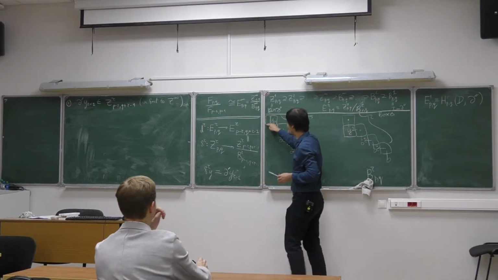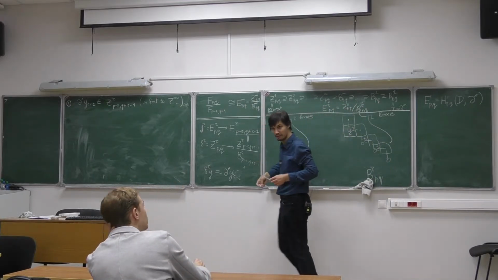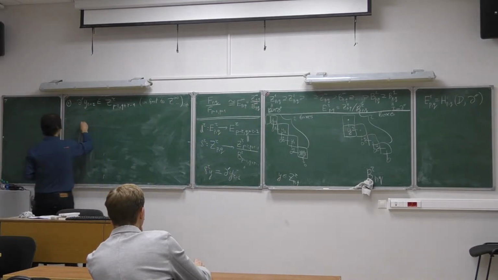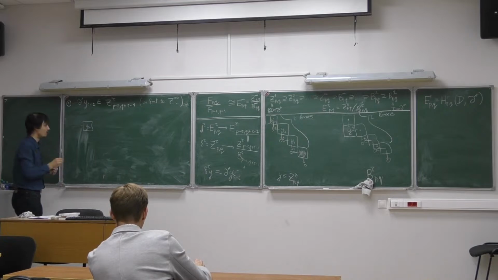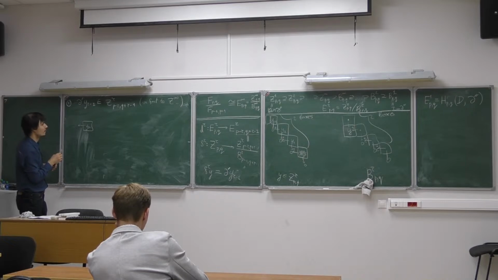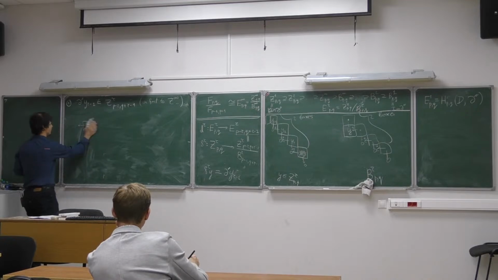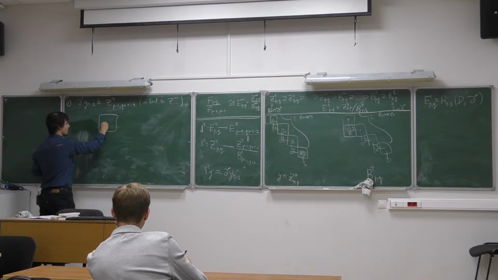I want to draw this last step. So I have y r minus 1. Here I have, I want it to be greater, y r minus 1.